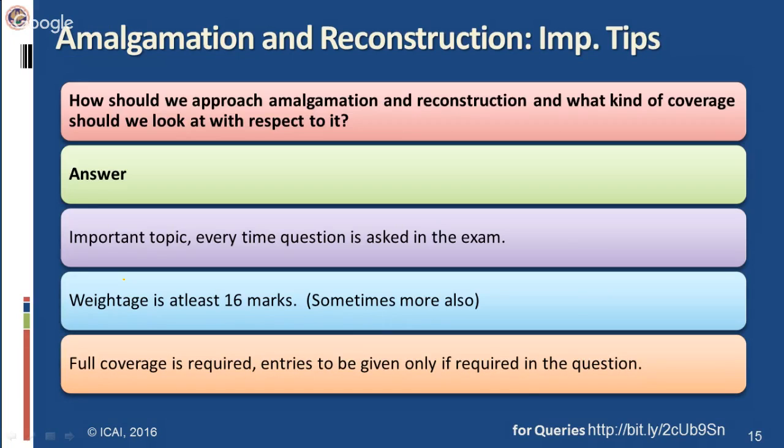Many students complain that they are not able to attempt the paper in time. So what should they do? Either they do not understand the requirement of the question, and they waste time doing unnecessary calculations or unnecessary working notes. If journal entries are not required in the question on amalgamation or reconstruction, please do not give journal entries.